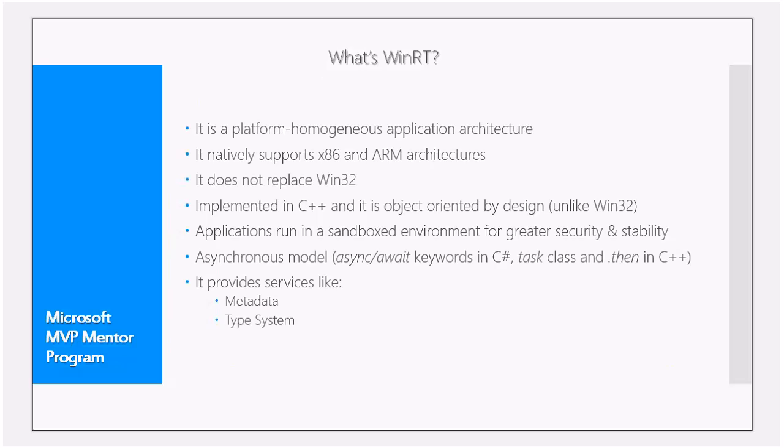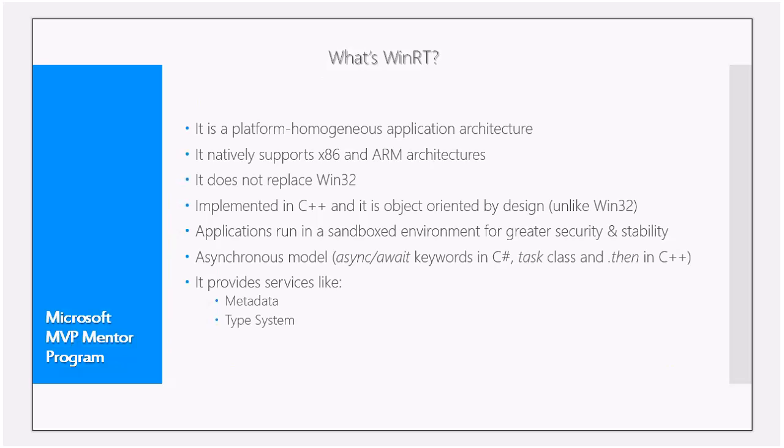And it's always asynchronous. Here, you don't have the concept of working synchronously. Everything is asynchronous. That's why C# has introduced a couple of new keywords, async and await. And in C++, you've got the task class, which is a template class, and you also got the then method within that class.